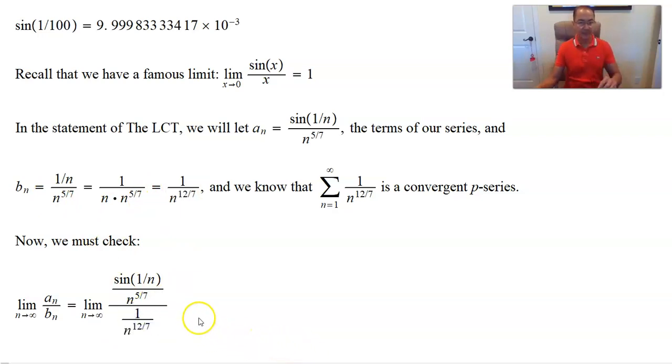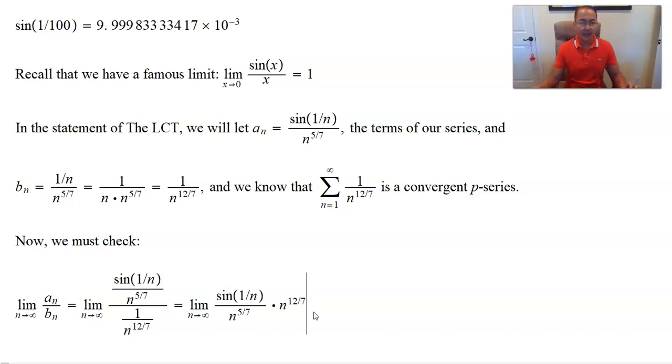Of course, we know how to divide fractions. So we're going to need the limit of this fraction times this flipped over. If we flip that over, we're simply going to get n to the 12 over 7, reciprocal of the reciprocal.